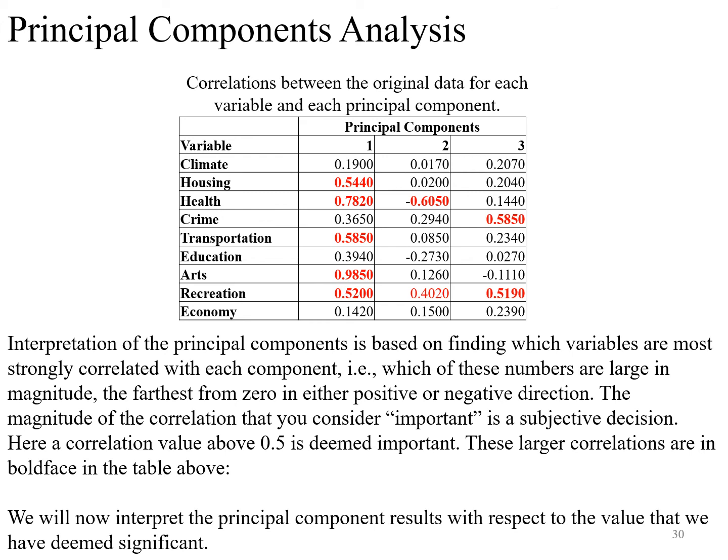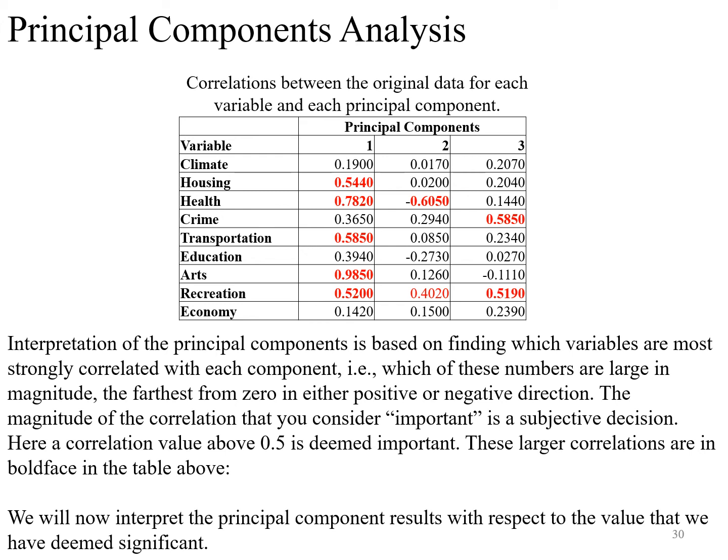Now, in some cases, one variable will have a strong negative correlation with the other variables, and that might give you a negative coefficient, but it's important to remember that you're looking at essentially the magnitude of the observations, how large a score it has overall, is what gives you that first principal component.